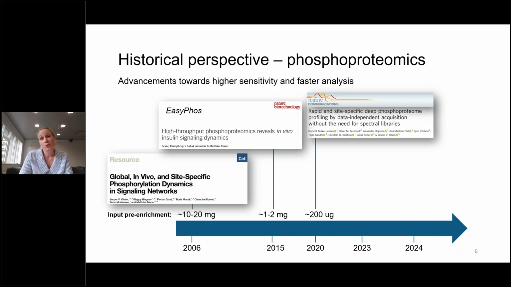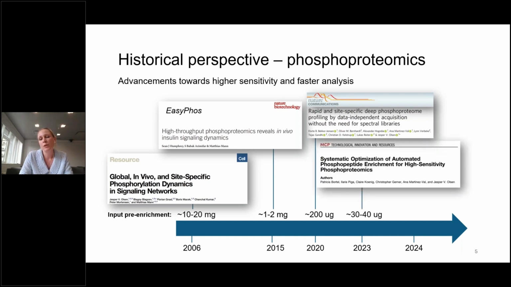In 2022, we had Dr. Becky Jensen's paper with the DIA, where the input amount was further reduced to 200 microgram, and I think it was around 20,000 phosphorylation sites identified here. And again, Patricia's paper with a further reduction in input, to around 30,000 phosphopeptides.